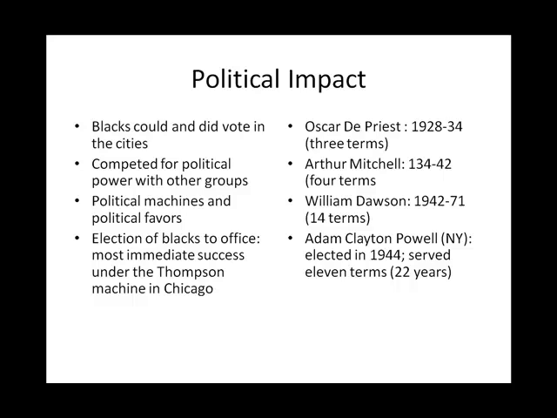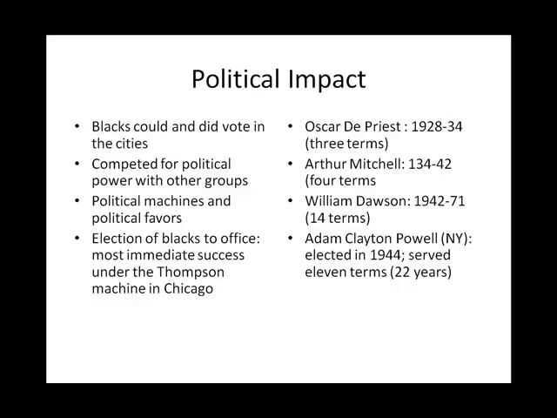The last of the Reconstruction era African American representatives in Congress leaves office in 1909. There is not another African American representative in the House of Representatives until 1928, when Oscar DePriest is elected from a district in Chicago. He serves for 3 terms.